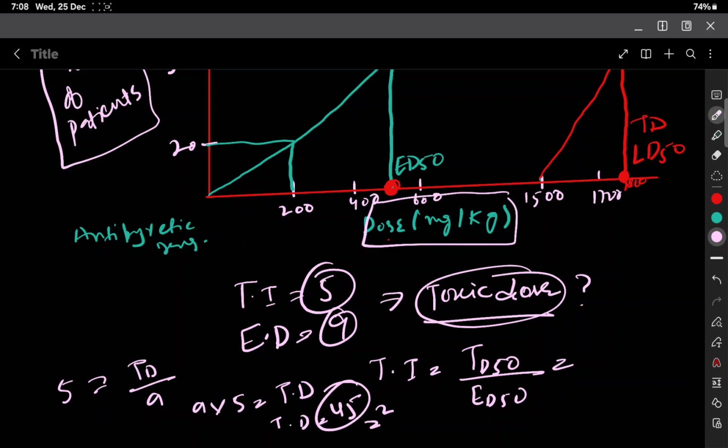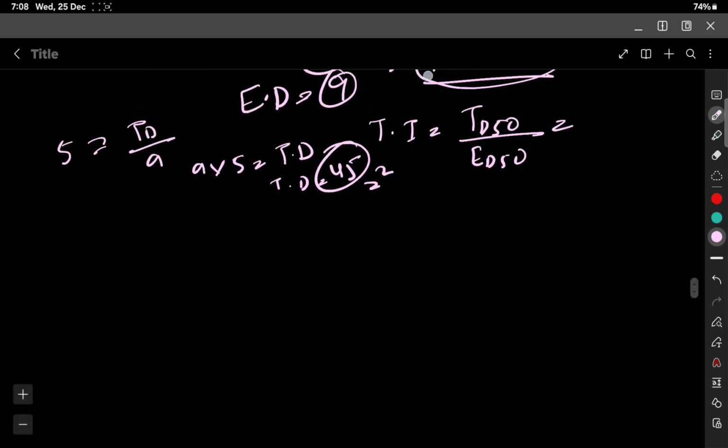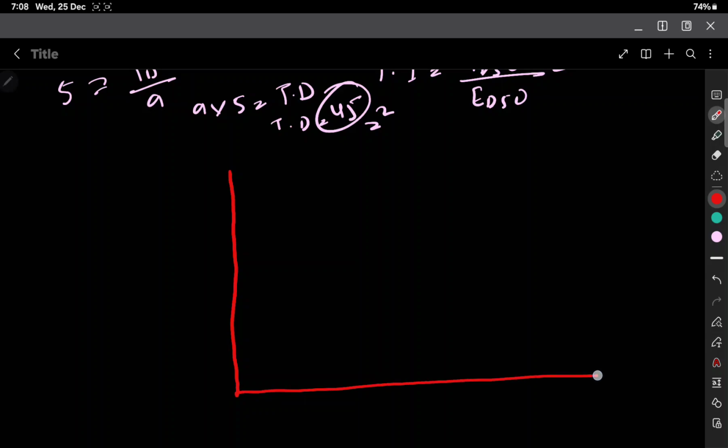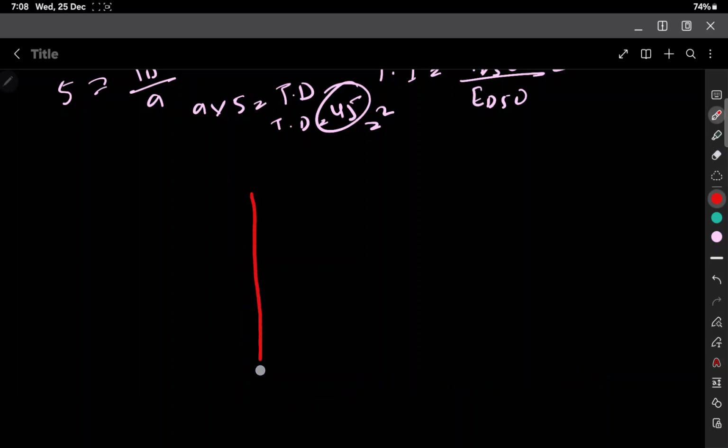Now if we go further to understand this effect of doses and all, for example, from one side on the x-axis and y-axis. So this one is the x-axis here, where we see the plasma drug concentration.